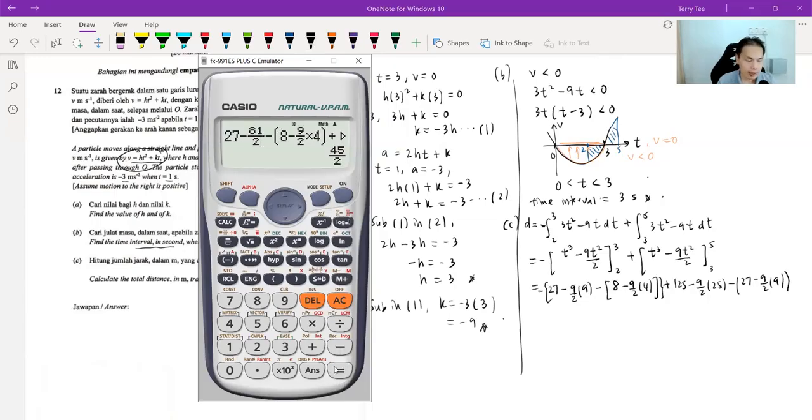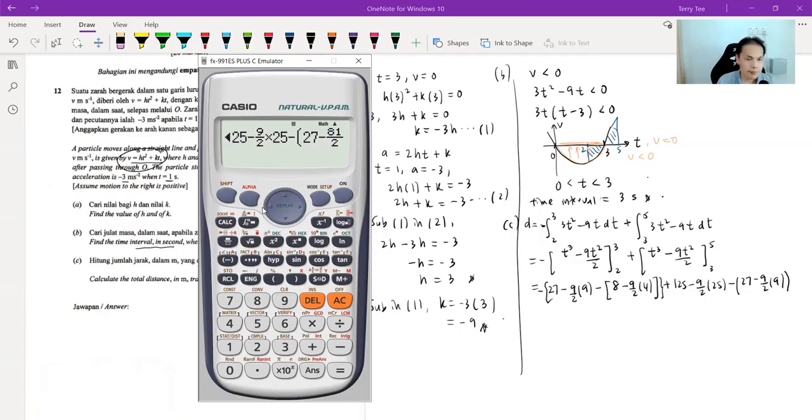Okay, I can do it in one shot. My answer is maybe 22 and a half. Maybe I've done something wrongly somewhere. Let me double check. 8 minus 18, this is 18. 125 minus 27, 9 over 2.